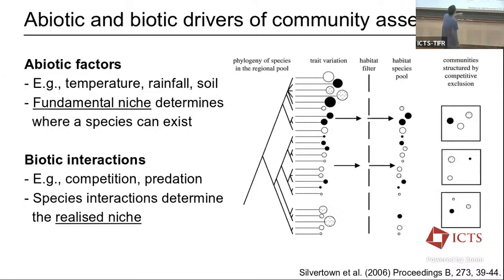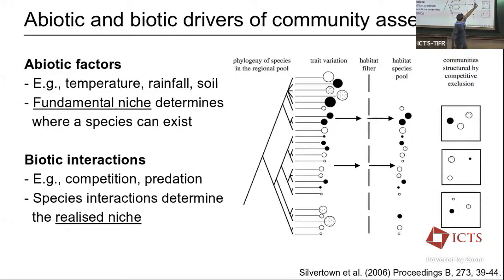So you end up with, from the regional species pool, the habitat imposes a filter that ultimately ends up with a local species pool or a habitat species pool. Now, these species are all similar to each other in terms of cold adaptation, but they're different from each other in other ways. Some might be large, some might be small, some might be old.